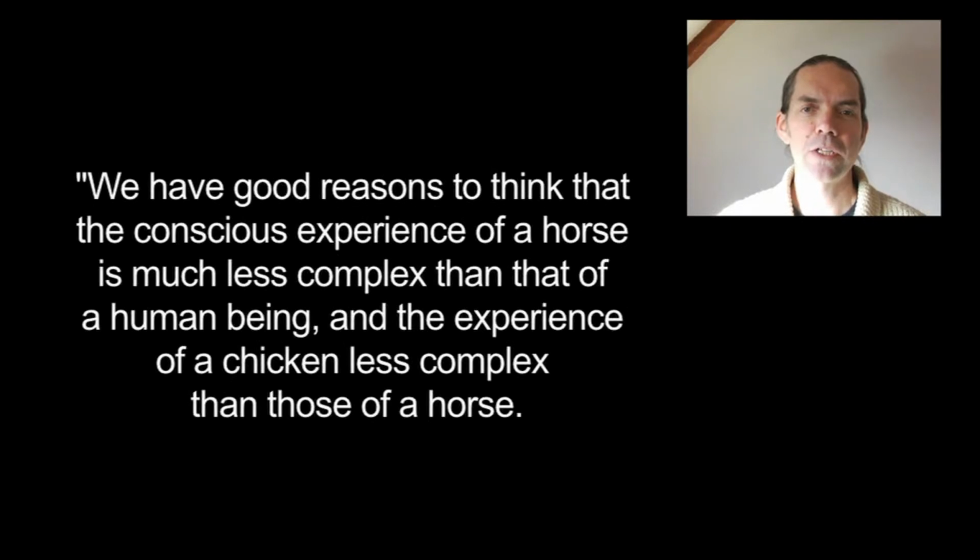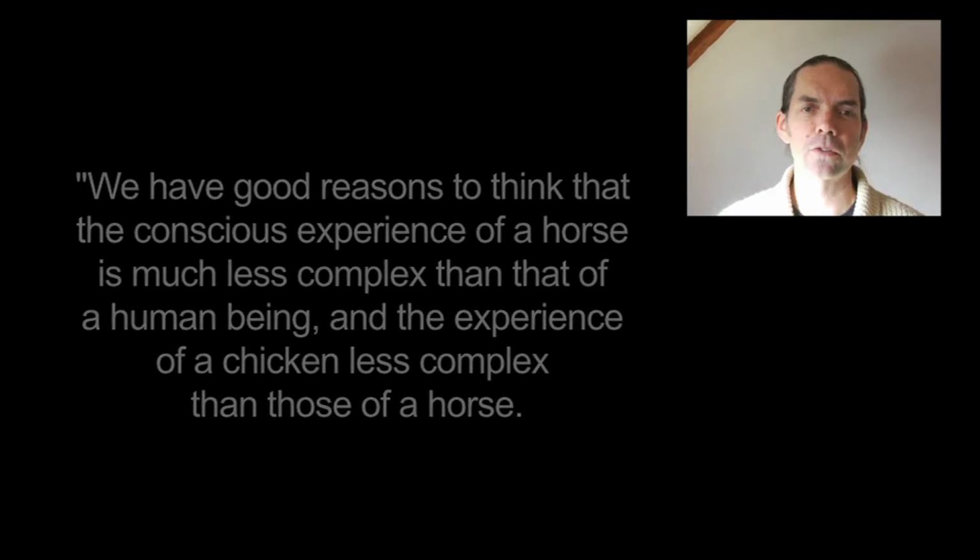In his recent book, Galileo's Error, the contemporary philosopher Philip Goff, who advocates a line of thought known as panpsychism, puts it like this. We have good reasons to think that the conscious experience of a horse is much less complex than that of a human being, and the experience of a chicken less complex than those of a horse.